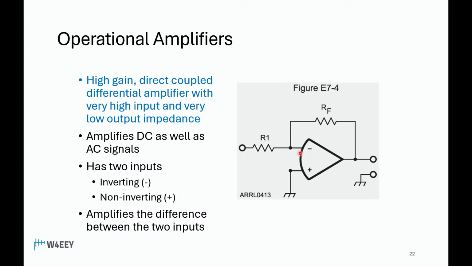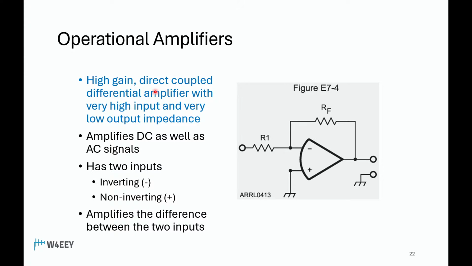So this is the non-inverting input, so if we move the voltage on the non-inverting input up 1/10 of a volt, the output would go down by 1/10 of a volt if the gain was 1 or unity. So it's direct coupled. That means what happens on the input DC-wise is going to show up on the output DC-wise. The level will be according to the gain of the circuit.